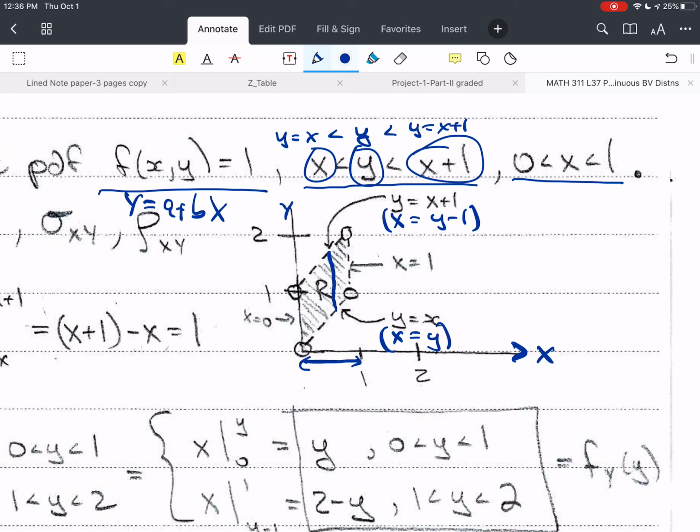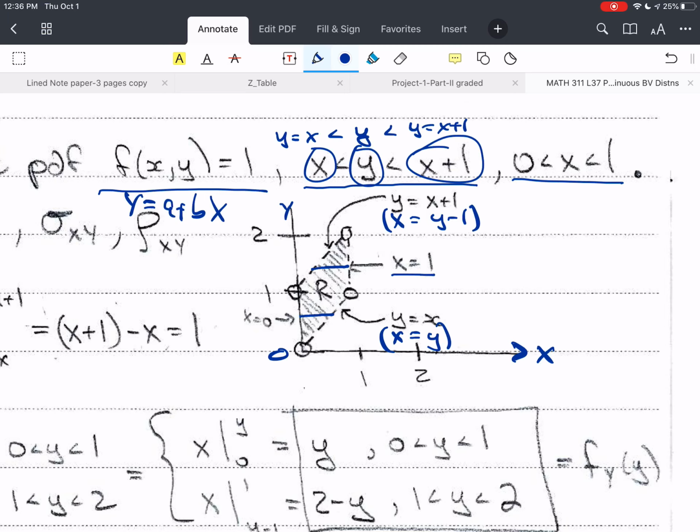But when I look at this as an integral with respect to x, if y is between 0 and 1, I'm moving between x equals 0 and x equals y. However, if y is between 1 and 2, I'm moving between the lines x equals y minus 1 and x equals 1.